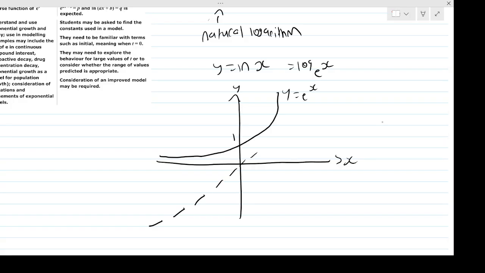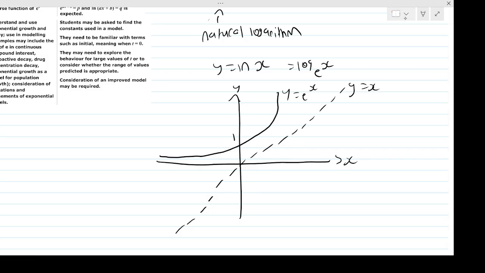So if I draw a rough line here, this is y is x, y is equal to x. If I make it a bit straighter. Okay, it's a bit curved, but it's y is equal to x, right? That's meant to be a straight line. This is the line y is equal to x.